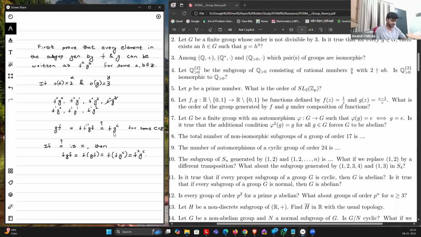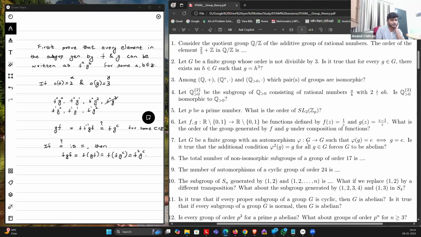So after this lecture, try and check this. What about the next question? Let G be a finite group with an automorphism phi from G to G such that phi(g) equals e if and only if g equals e. Is it true that the additional condition phi squared(g) equals g forces G to be abelian? This is a slightly difficult question from one of the old JAM papers.